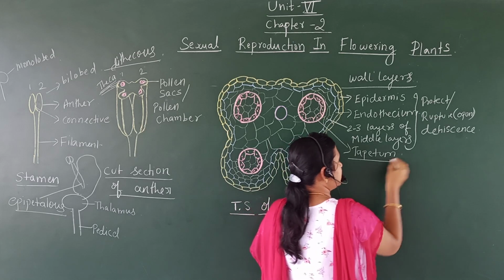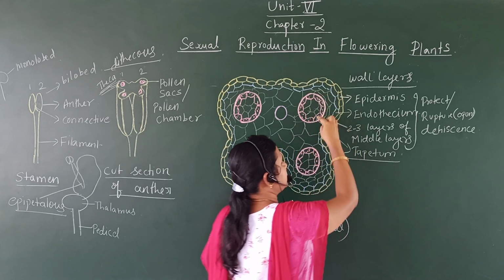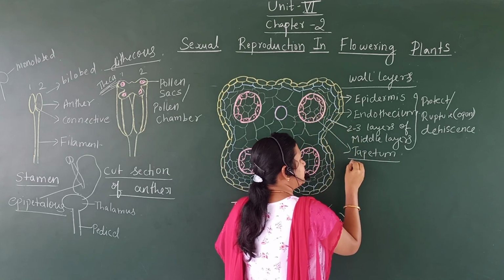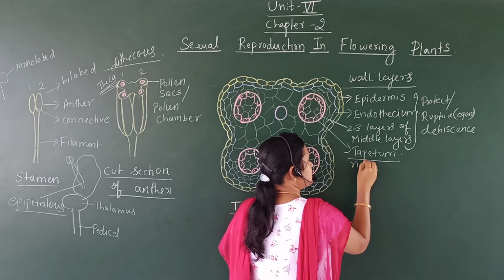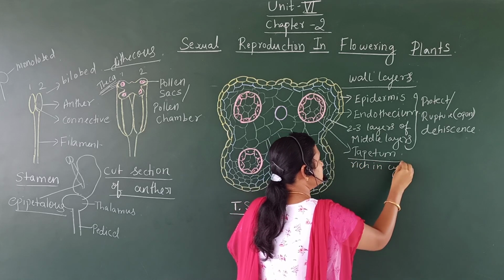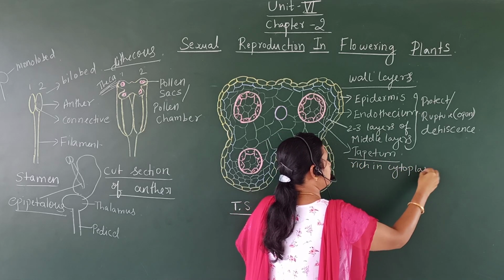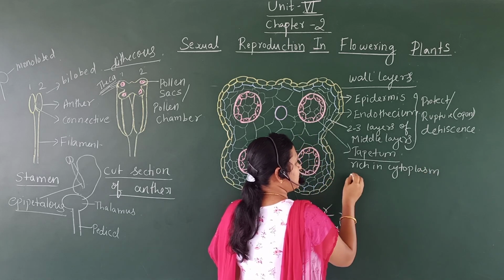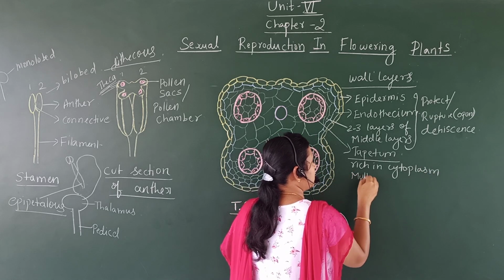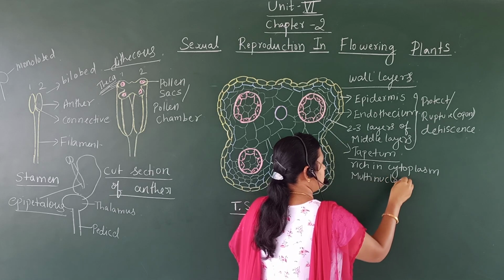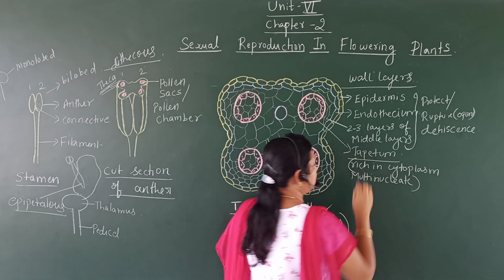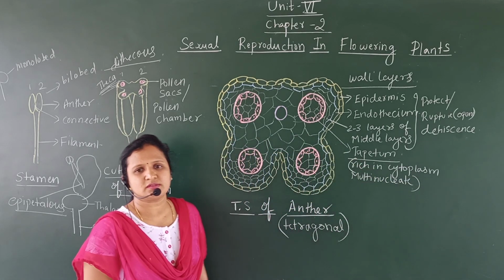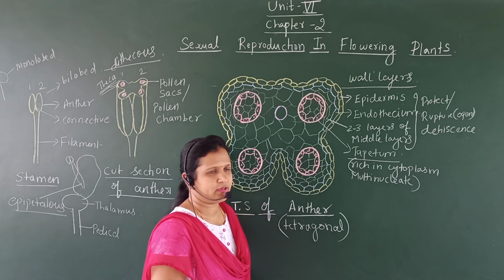So tapetum is also a single wall layer, and it has dense cytoplasm, meaning it is rich in cytoplasm. And it is multinucleate. More than one nucleus will be present, and hence it is called multinucleate.